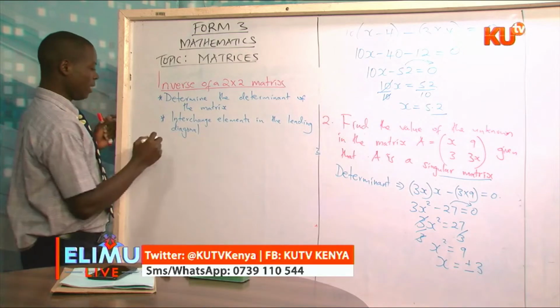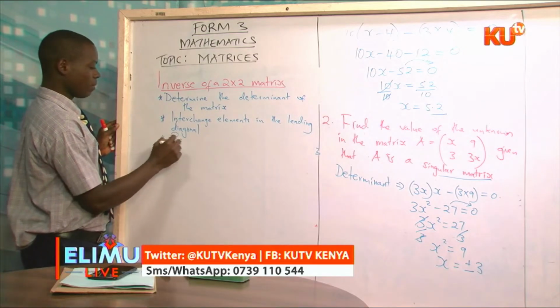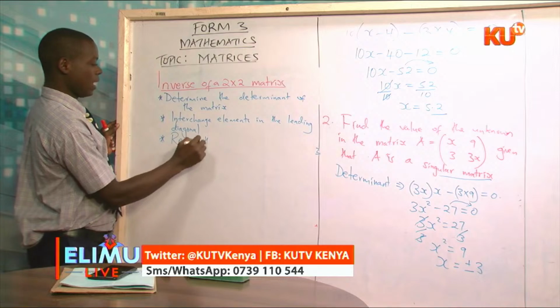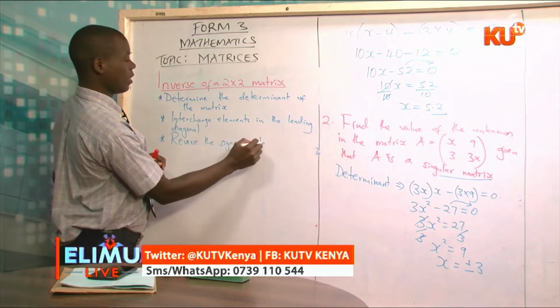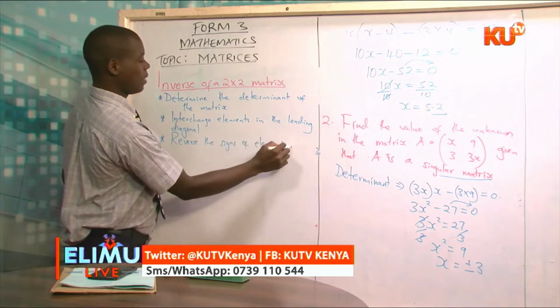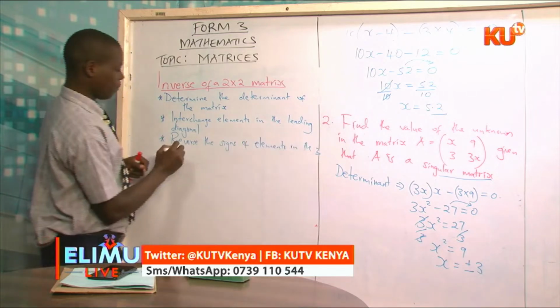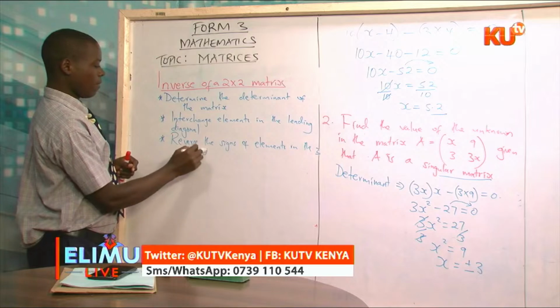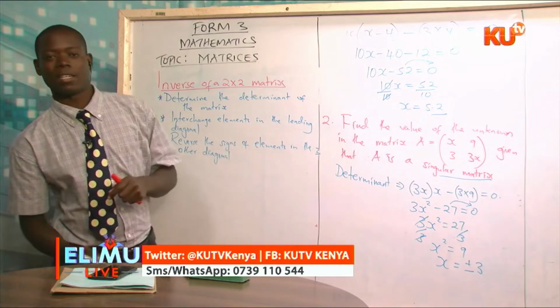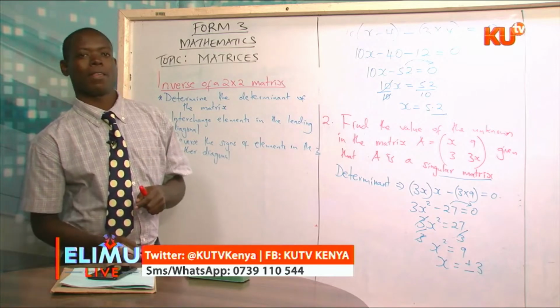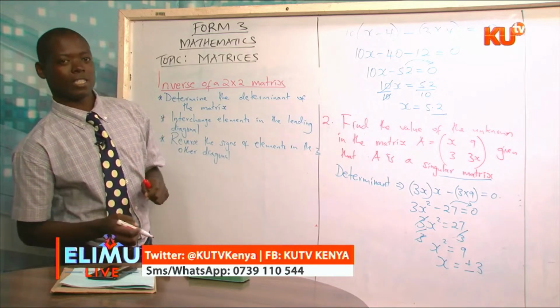And then number three, you reverse the signs of elements in the other diagonal. Reversing the signs, if the element had a negative sign, it turns to positive. If it had a positive sign, it turns to negative.